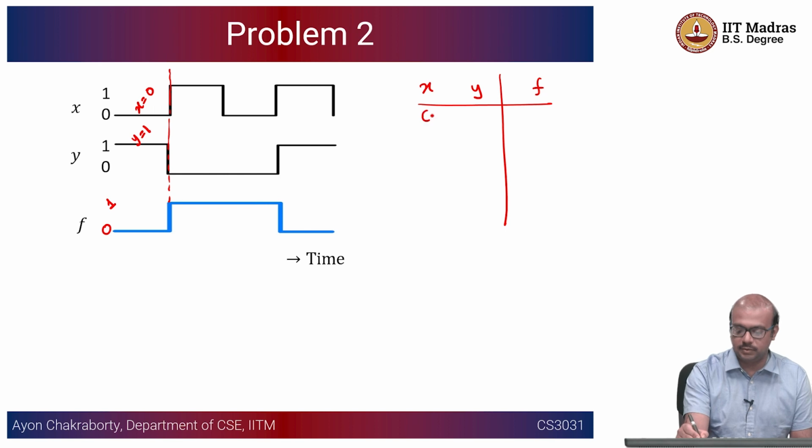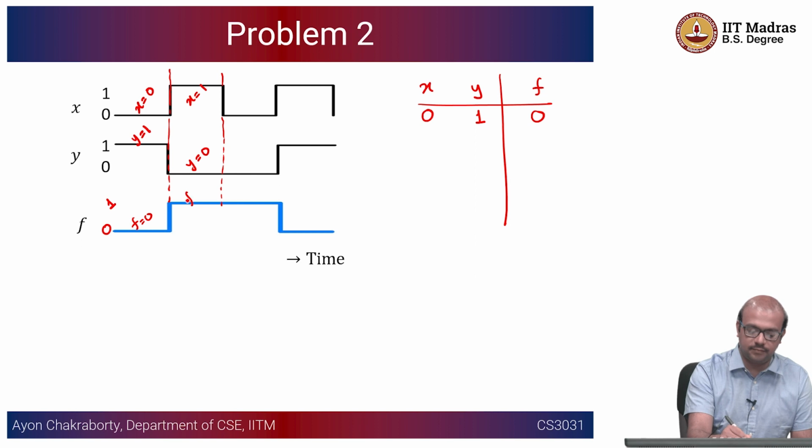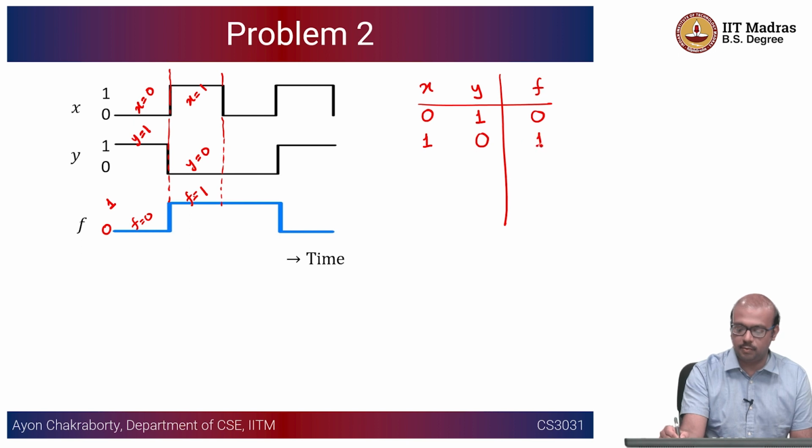So f is going to be equal to 0 here. Next is this next input chunk. Here x is equal to 1, y is equal to 0, f is equal to 1.